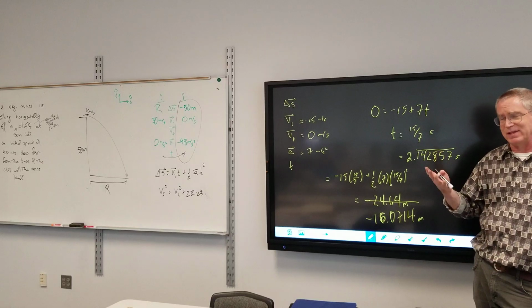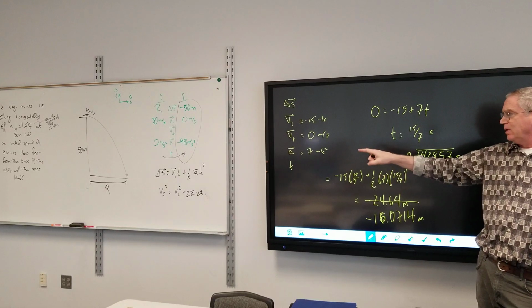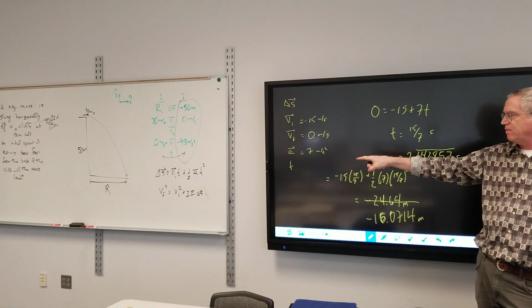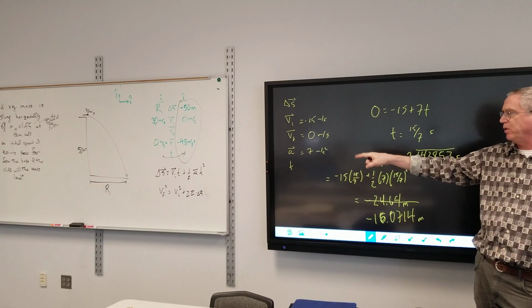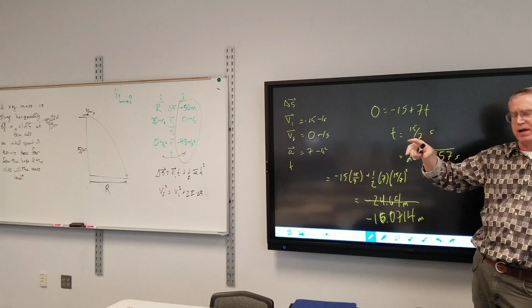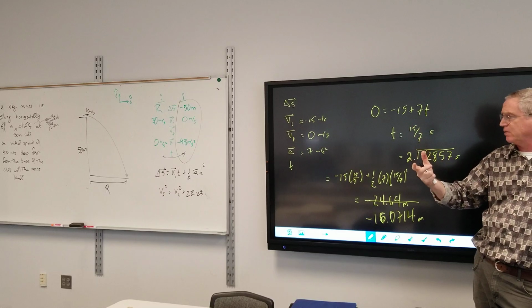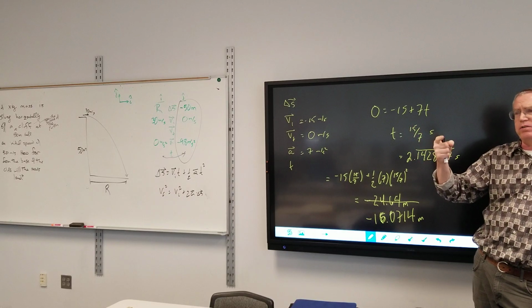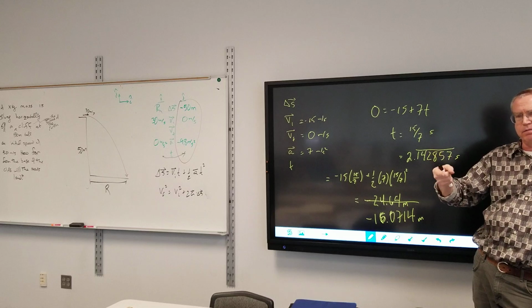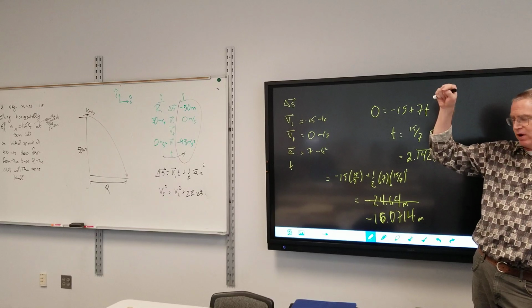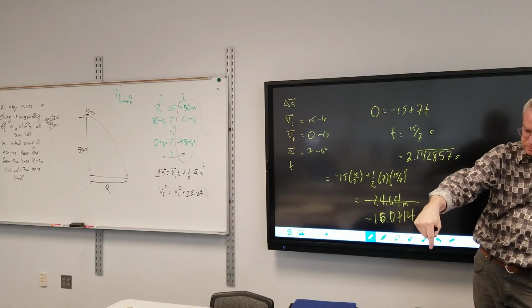This problem makes sense that it can happen. We'll end up with a VF which is square root of a positive number, so by default a positive number. But the final velocity vertically is negative because right before it hits the ground, it's going downwards.